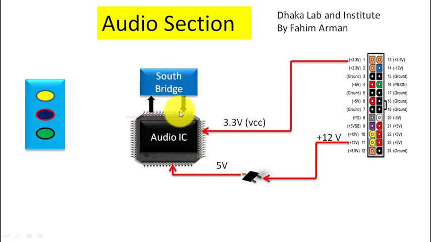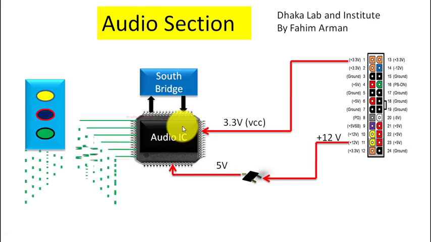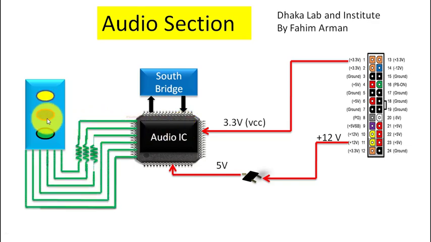Then they will communicate with each other, and after communication the audio IC will give output, and this output will go to the audio port we have at the backside of our CPU casing. We can find that port, and there is input and there is output.